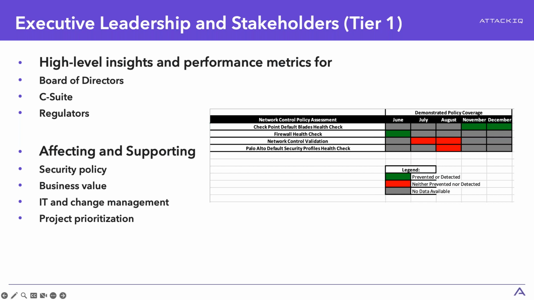Now, you can use Jupyter Notebooks in this case to create reports that depict high-level metrics, for example, on the performance of the controls that you are testing. So things like analyzing monthly, quarterly, or even yearly to really identify and drive, for example, security and risk policy for the organization as a whole.